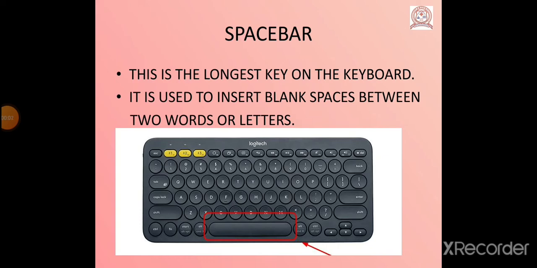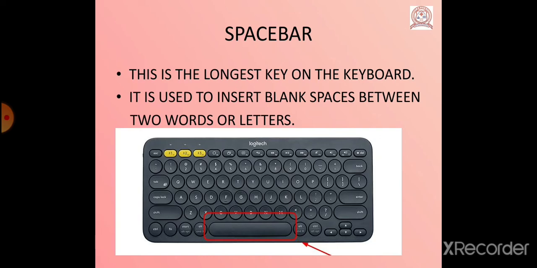Now the third key is the spacebar key. The spacebar key is used to insert blank spaces between two words or letters. Okay? It is used to give space between two words or letters.